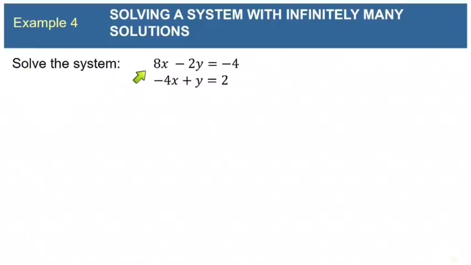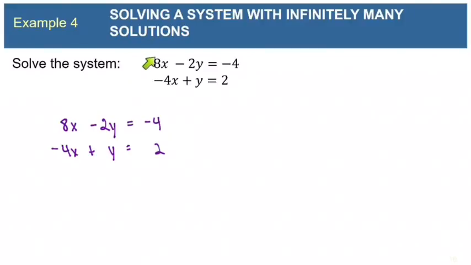And now let's look at this example. This is example 4. We have 8x minus 2y equals negative 4 and negative 4x plus y equals 2. So even though we could use the substitution method here, let's again use the elimination method because I see it would be so easy to get rid of the x term by multiplying this equation by 2.